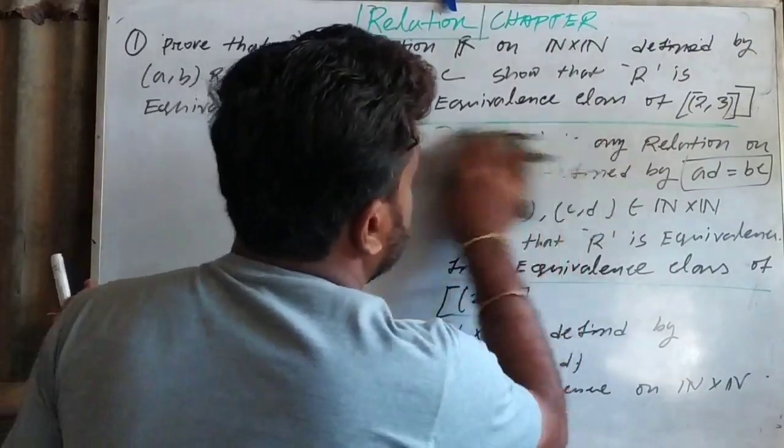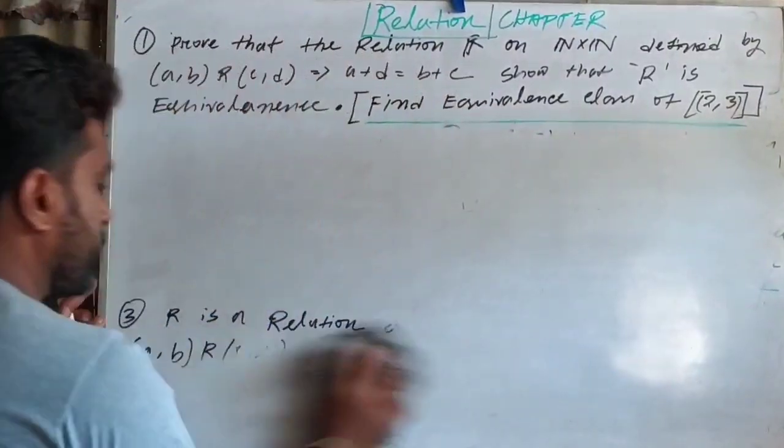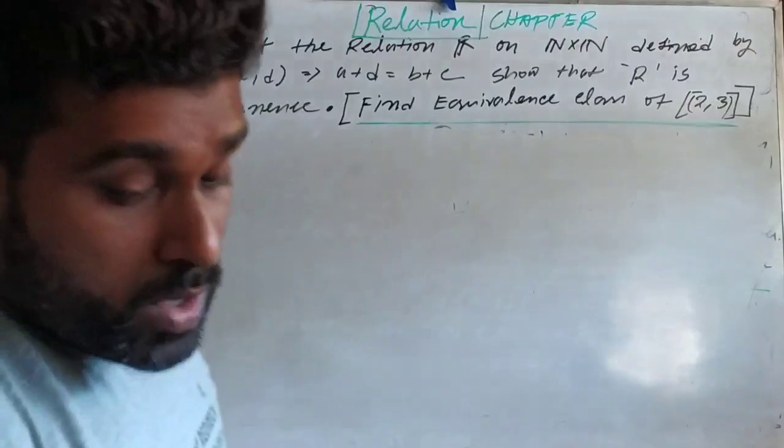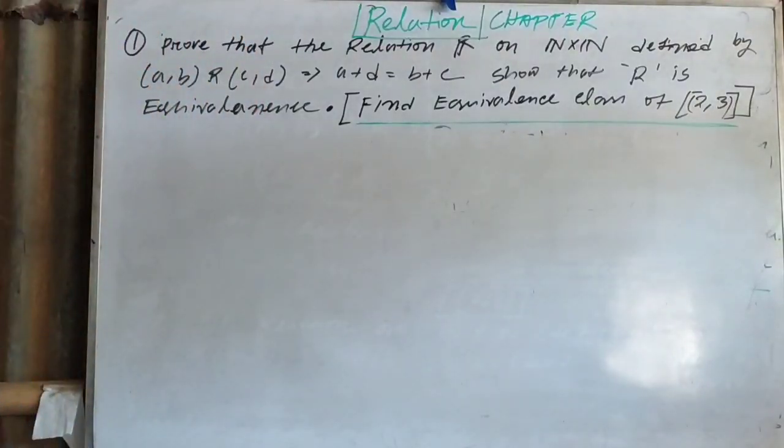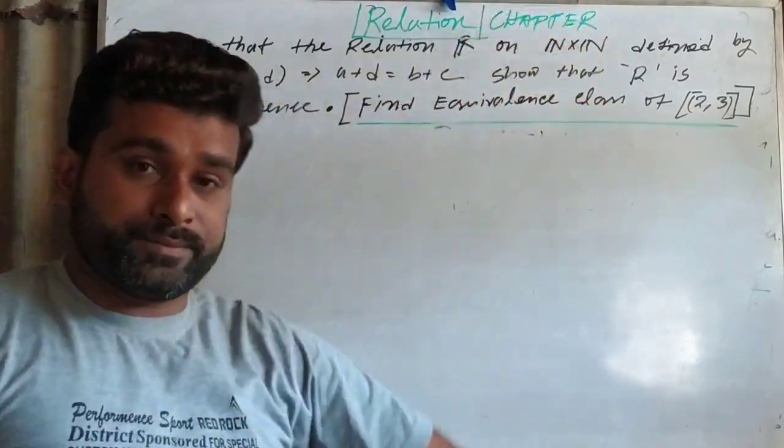Now here the first question is what? One relation is given, and it is working on the N cross N set.